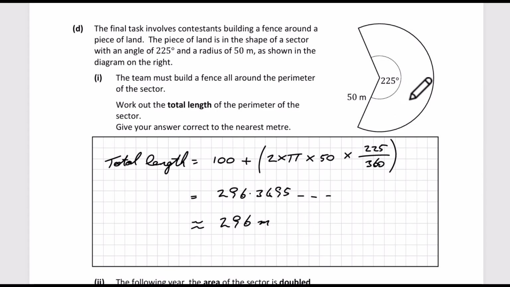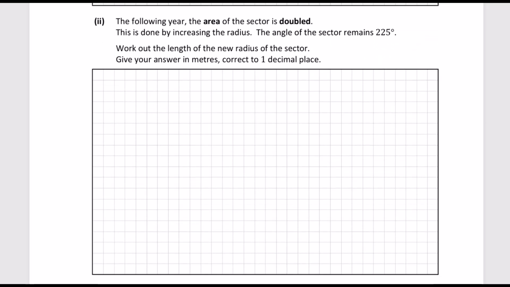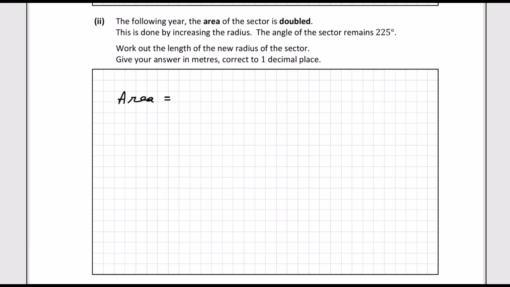So the first thing I'm going to do is find the area of this sector with a radius of 50, and then I'm going to double it. So let's do that. The area of a sector is going to be the area of the entire circle, which is pi r squared, but we don't have an entire circle, we have a fraction of the entire circle, so that's just the angle over 360 degrees.